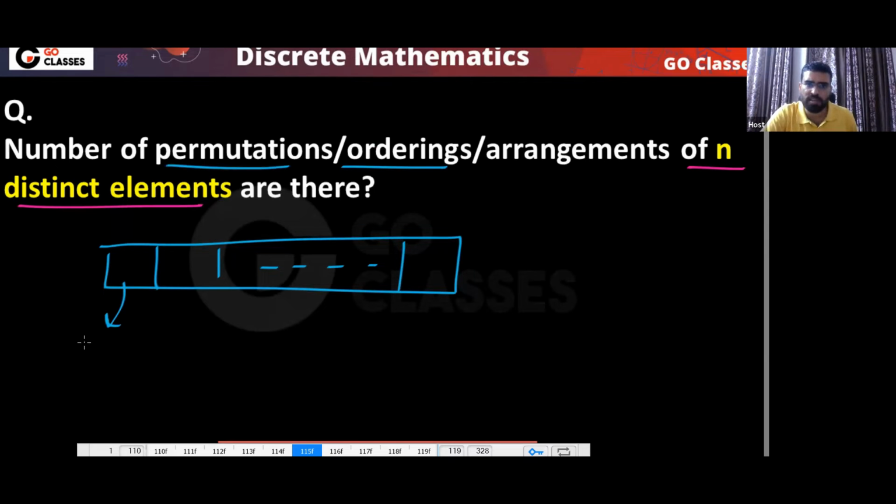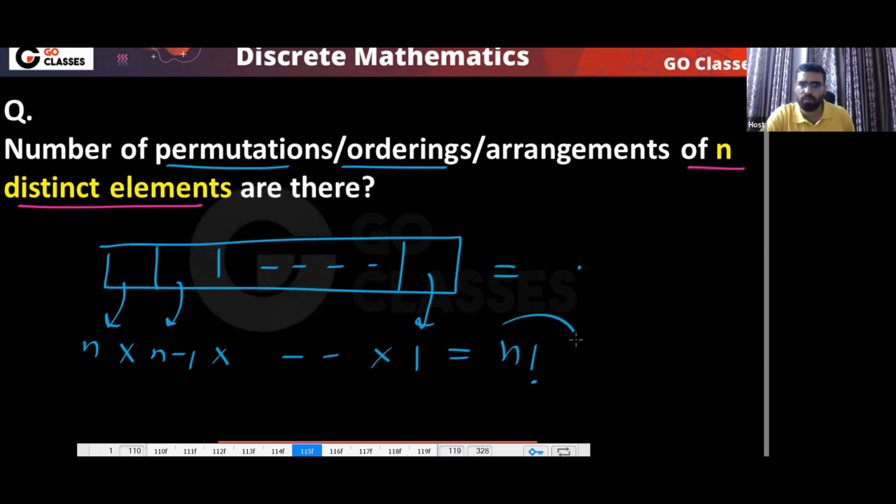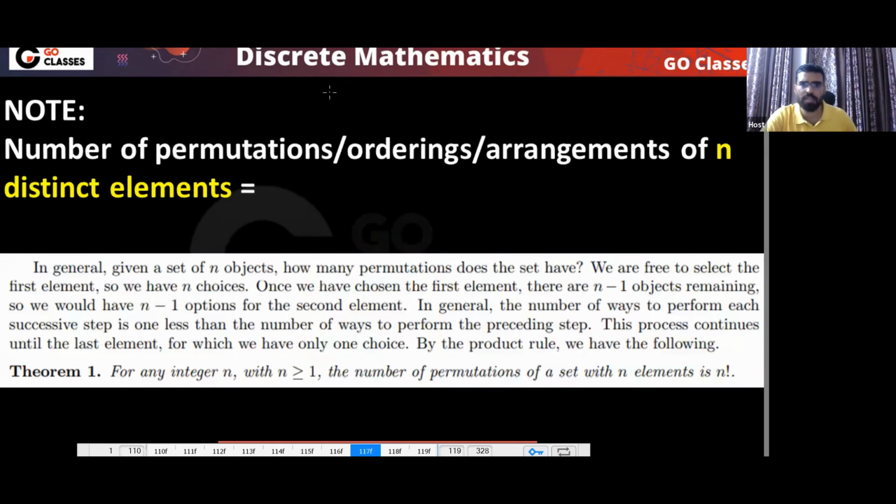For the first position, any of the n people can come. For the next, n minus 1, and so on. For the last, 1. Finally, if you multiply like this, you will get n factorial. So with n people, there are n factorial orderings.